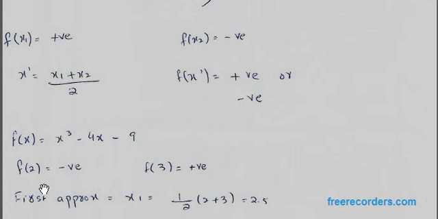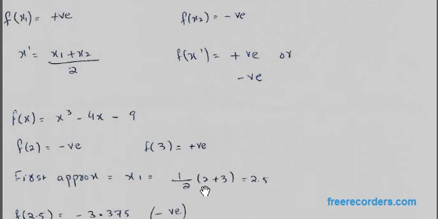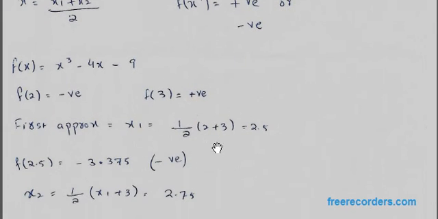At 2 the function is negative, and at 3 the function is positive. So my first approximation will be x1 equals half of 2 plus 3, which is 2.5.